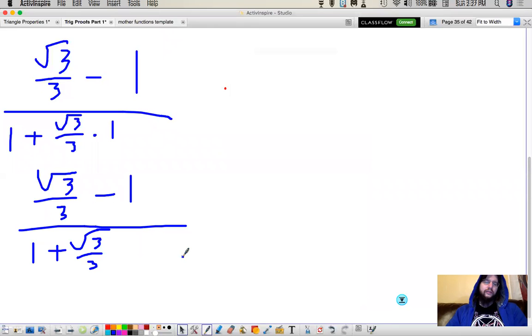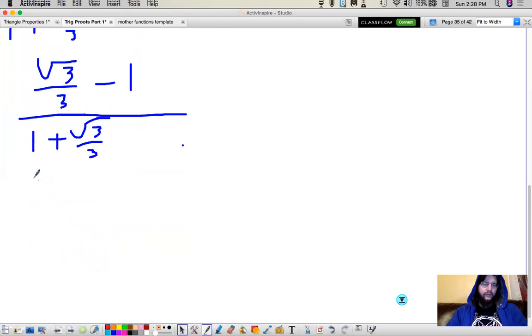All right. So to do this one, we're going to multiply the top and the bottom by the conjugate. You can do that first, or you can take care of that complex fraction first. Complex fraction first. We're going to get a common denominator on the top and the bottom. So square root of 3 over 3, and 1 is 3 over 3, so that's going to be minus 3 over the 3.